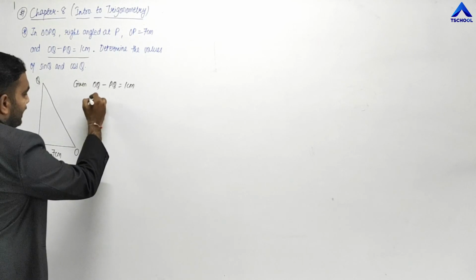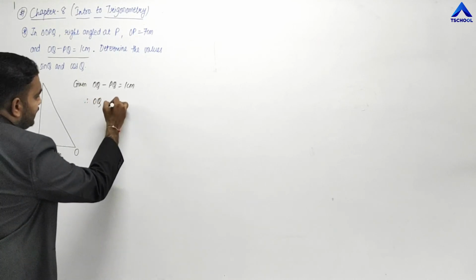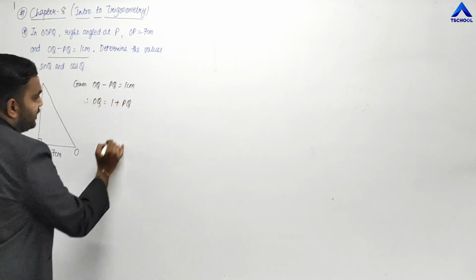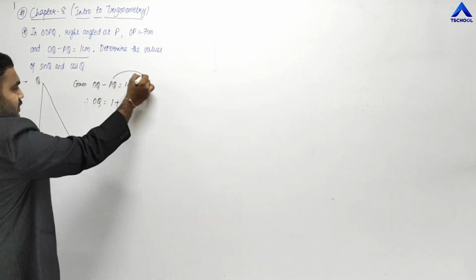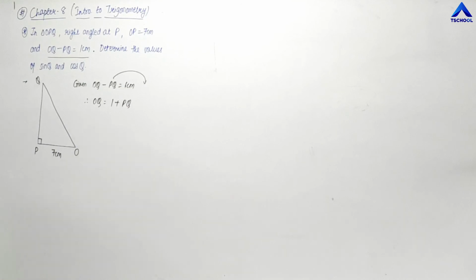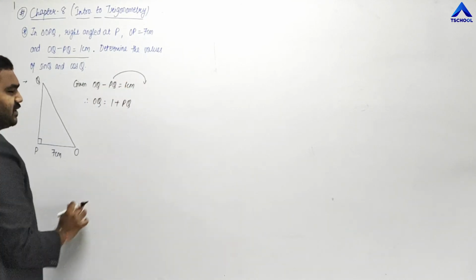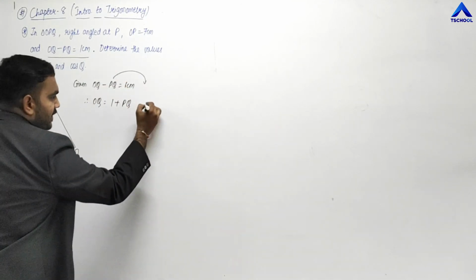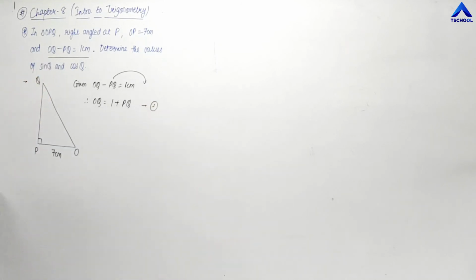Therefore, can I write it like OQ is equal to 1 plus PQ, shifting this PQ here on the other side. So this minus PQ here will become plus PQ, and let me name this as equation number 1. Right, so OQ is equal to 1 plus PQ, that we have got from the given equation, OQ minus PQ equals 1 centimeter.